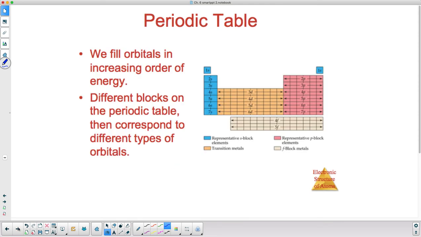So the periodic table, I've shown you something like this before, where you have the 1s for hydrogen, that would be 1s1 for hydrogen, 1s2 for helium, and then you start to fill the 2s in this block here, and then that jumps to 2p, and then you go 3s, and then 3p, and then 4s. Remember, the 4s dips down below the 3d, and then you fill the 3d, and then you do the 4p.